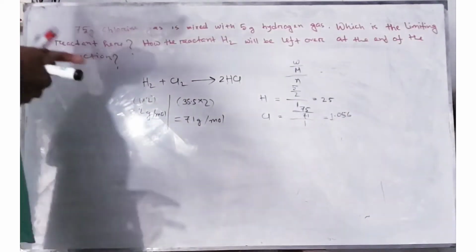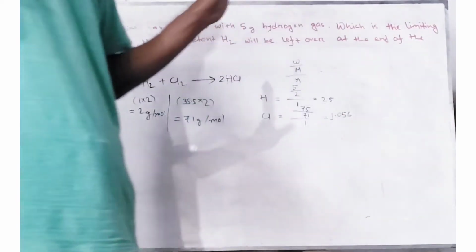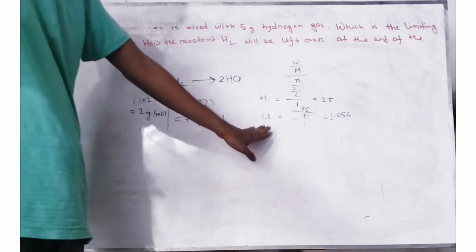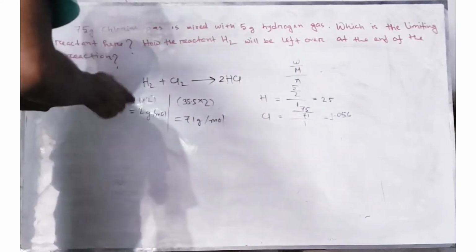So the least one is chlorine, and we have already determined the limiting reagent will be chlorine here.